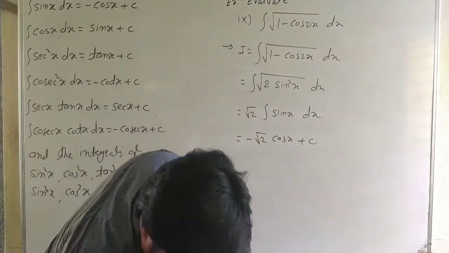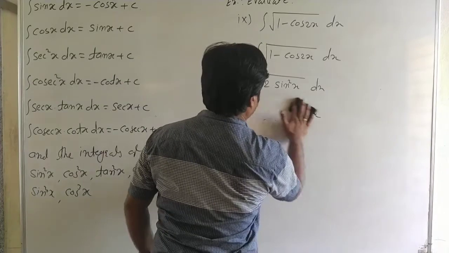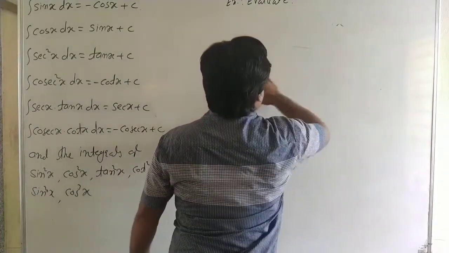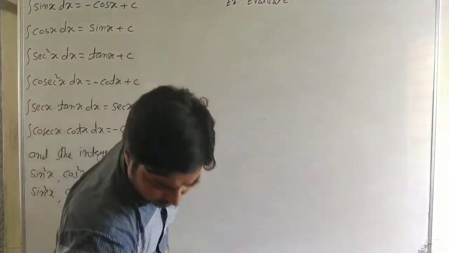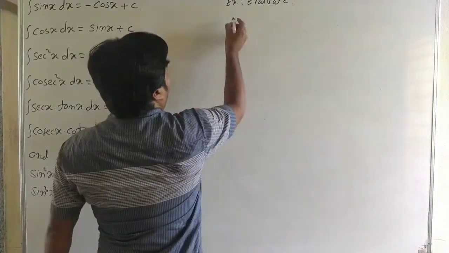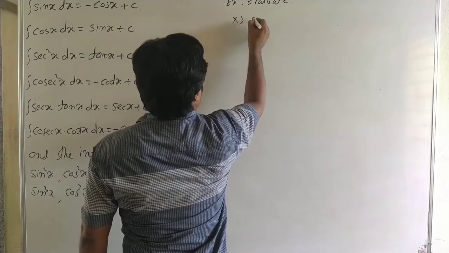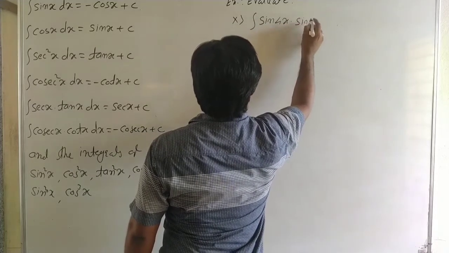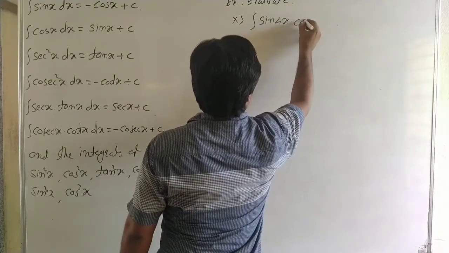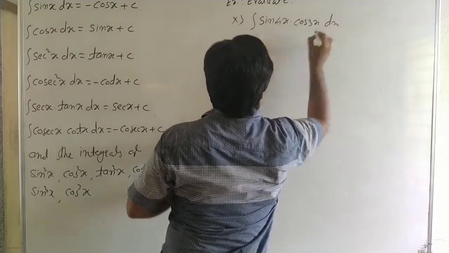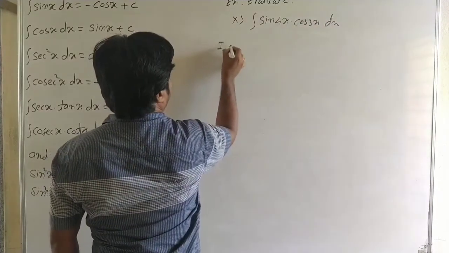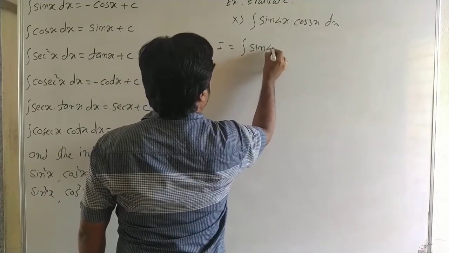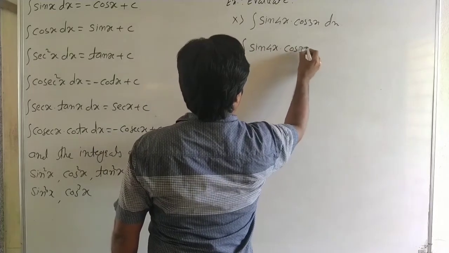Now the last example in this exercise, example number 2: integral of sin 4x into cos 3x dx.